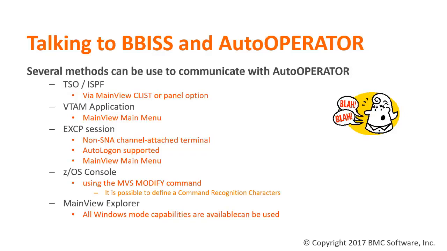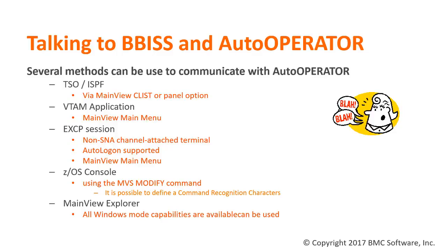MainView AutoOPERATOR provides several different ways to interface with the AutoOPERATOR product address space, which is also known as the BBI-SS address space, or PAS. Users can connect to AutoOPERATOR via a TSO ISPF session by invoking or launching the MainView CLIST, which is distributed with the product.